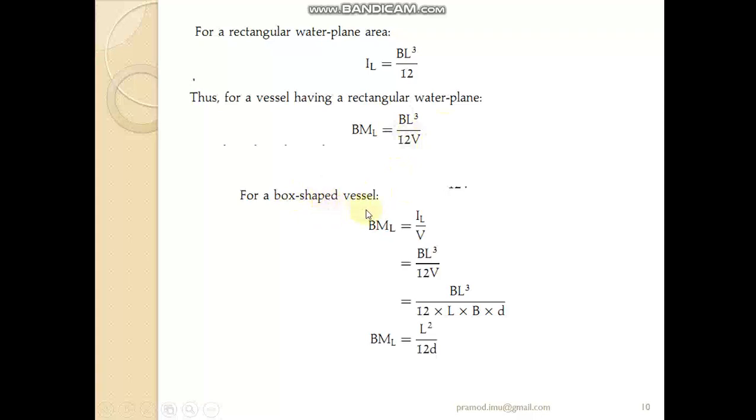For a box shaped vessel, we can roughly find out that BML is IL by V. So we can develop this formula as L square by 12D. So this form we can use in numericals and solve simple cases of ships with rectangular water plane area. So for the sake of calculations, this will be a good beginning for us in studying numericals on trim.